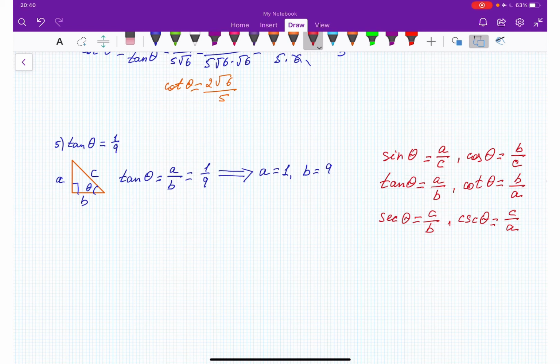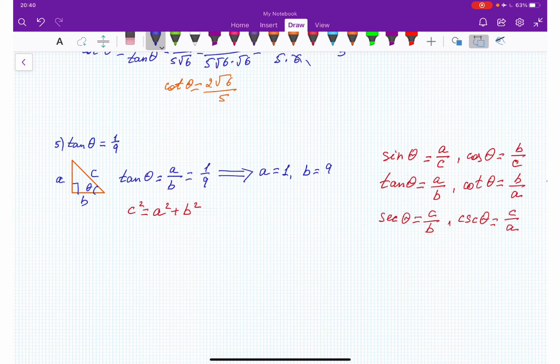Okay, we are good. And we found out that A is equal to 1 and B is equal to 9. So from here, can we find the hypotenuse once we have A and B? Yes, based on the Pythagorean theorem, C squared, the hypotenuse squared, is equal to A squared plus B squared.